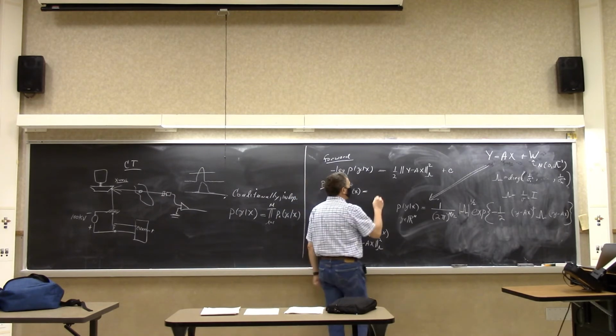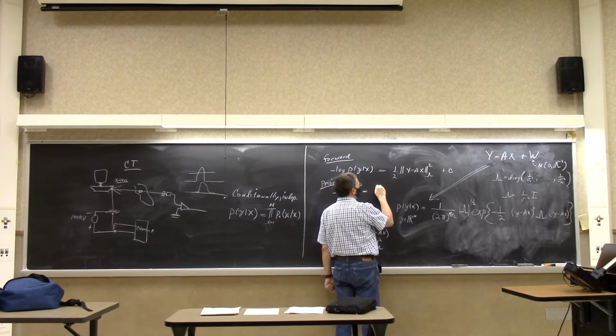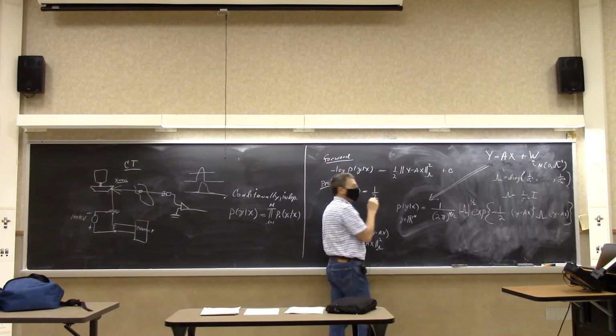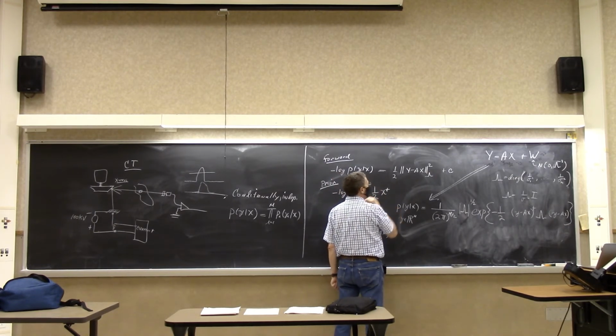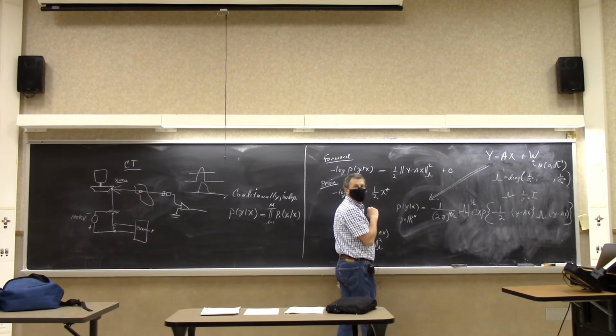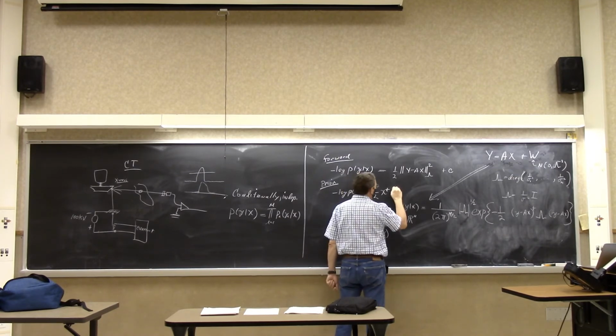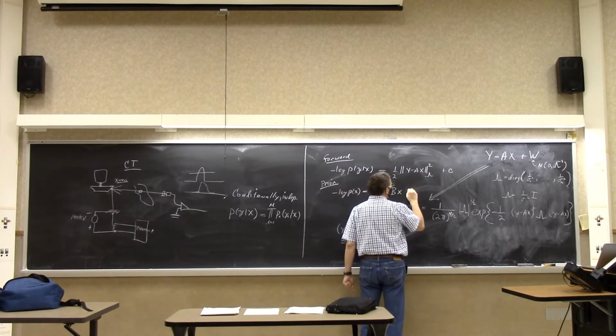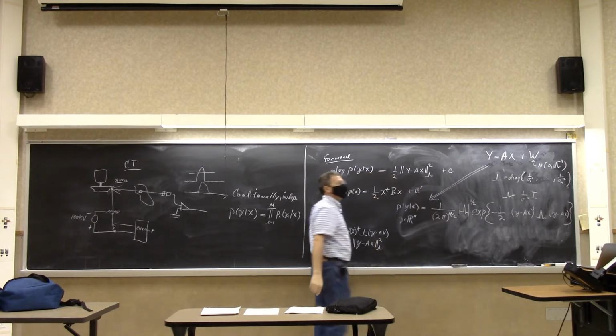What's the first term? It's a 1/2, and then x transpose, then Bx. It doesn't have to be B, but I usually use the letter B here. And then plus a constant, but it's a different constant.